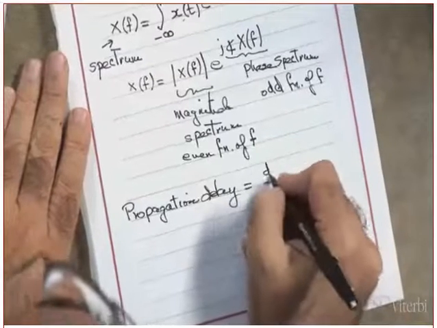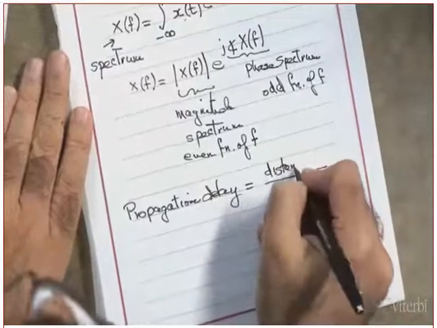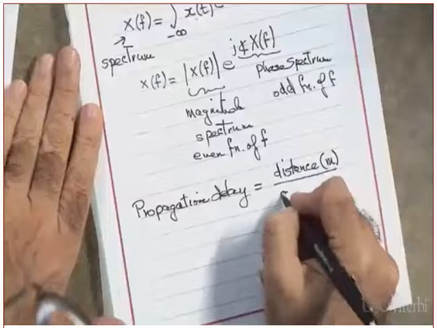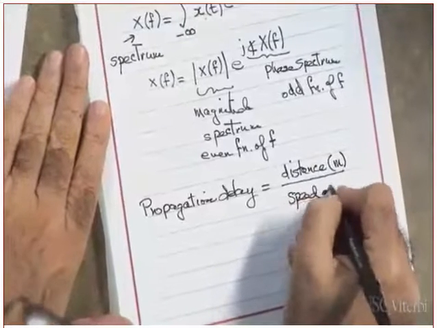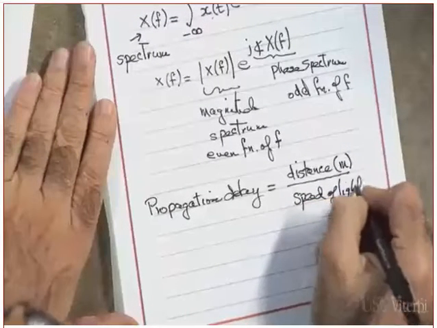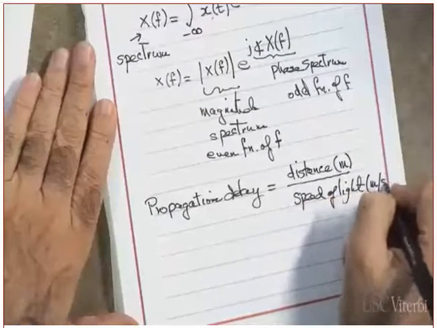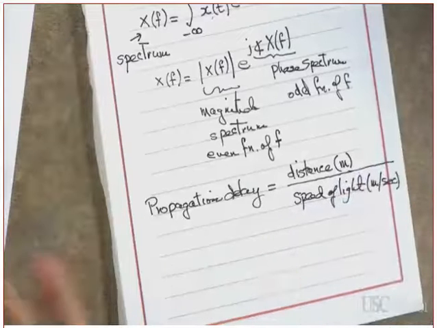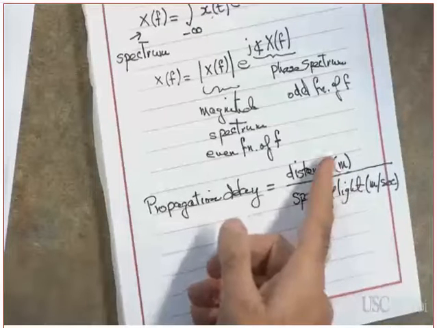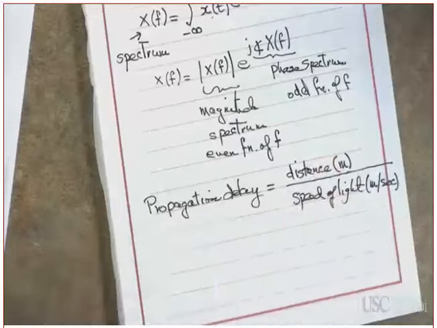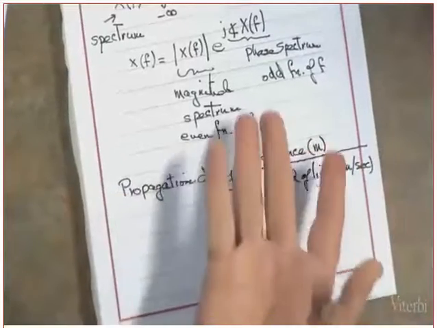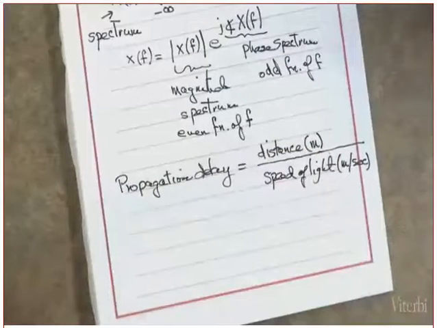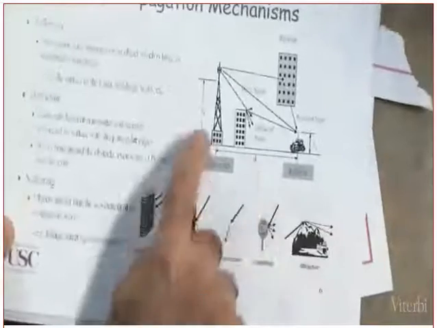It is the distance traveled in, say, meters, divided by the speed of light in meters per second. Always remember, whenever you write an equation, make sure the units make sense. So if you put meters on the top, on the bottom you cannot put weight in kilograms. You are not going to get seconds. So it's meters divided by meters per second. Those are different delays.